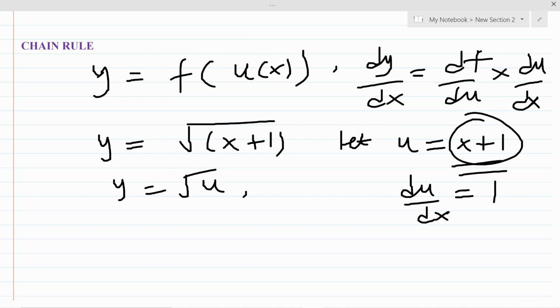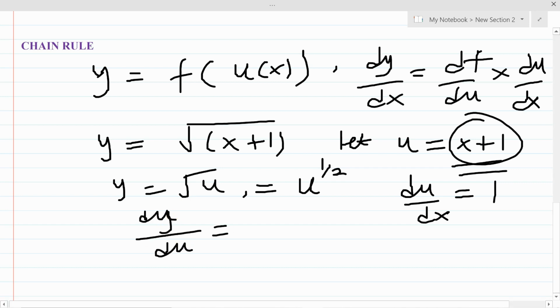Now, y is the same as u to the power half. So it means that dy/du is actually equal to half u to the power negative half, because half minus 1 will give me negative half.